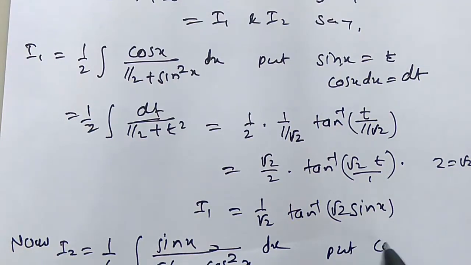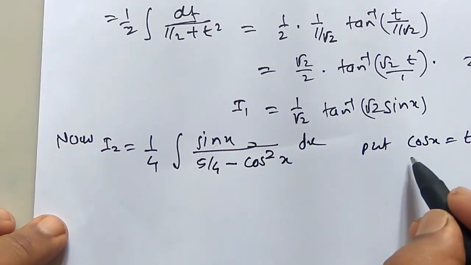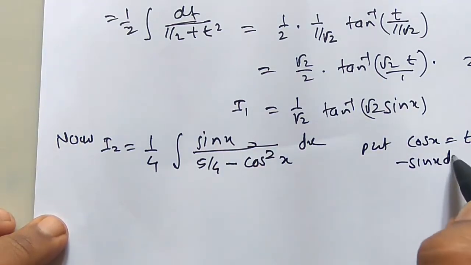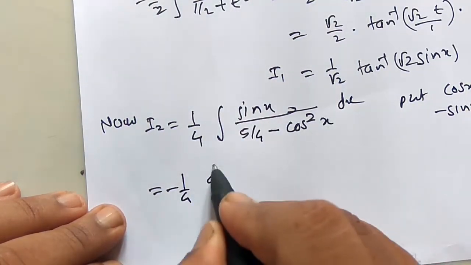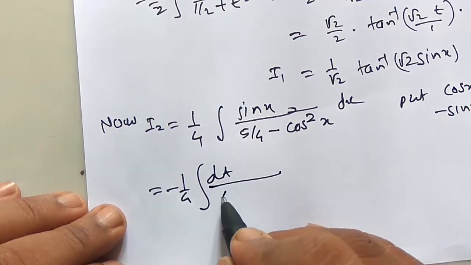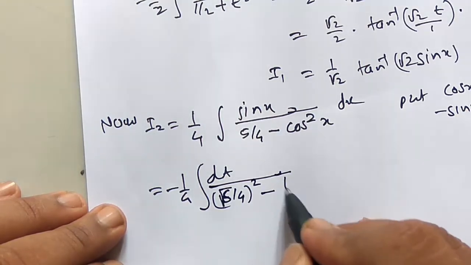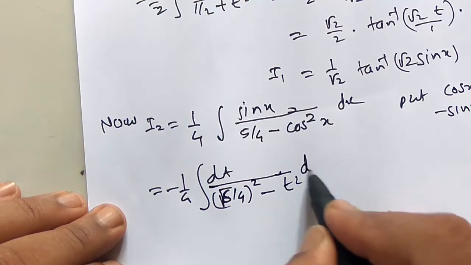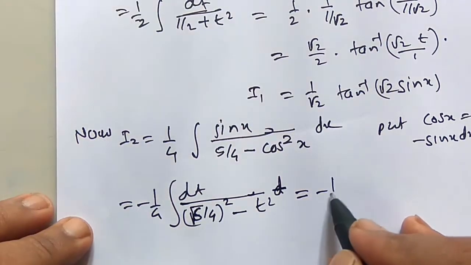Here put cos x equal to t, its derivative minus sin x dx is equal to dt. So this is equal to minus 1 upon 4, sin x dx is equal to dt, so minus dt upon 5 by 4, we will take under root and square, minus t square, dt. So this is equal to minus 1 upon 4.